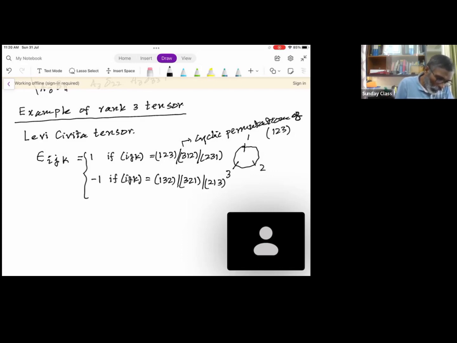These are non-cyclic permutations. Now this is equal to 0 if any 2 indices are same. If any two indices are same, then this becomes 0.